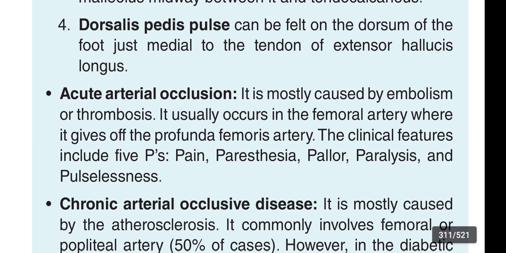Acute arterial occlusion is mostly caused by embolism or thrombosis. It usually occurs in the femoral artery, where it gives off the profunda femoris artery.